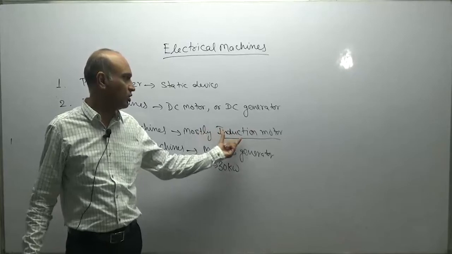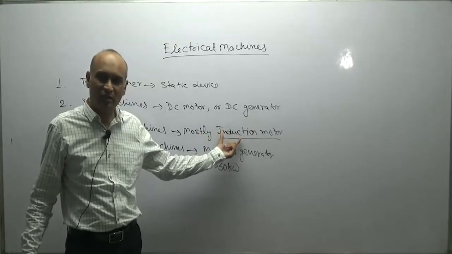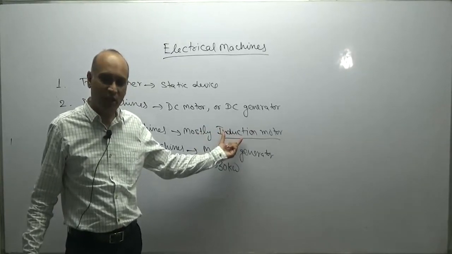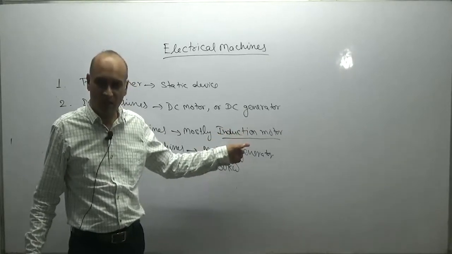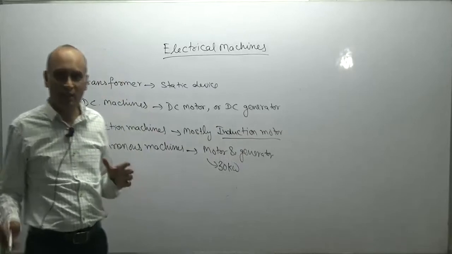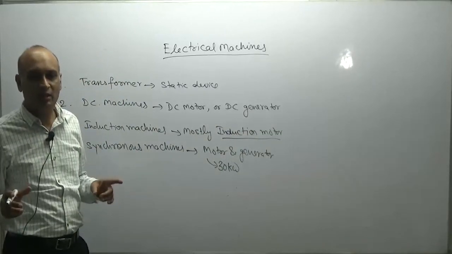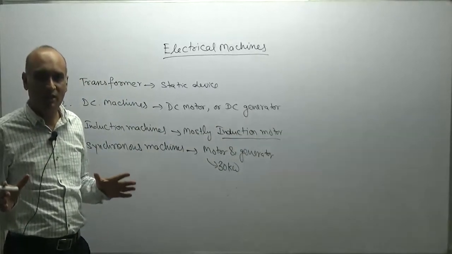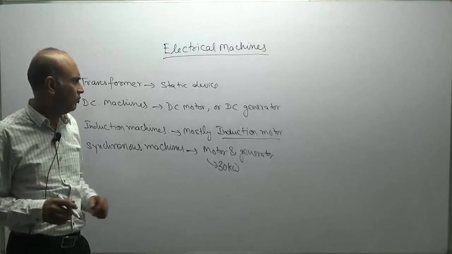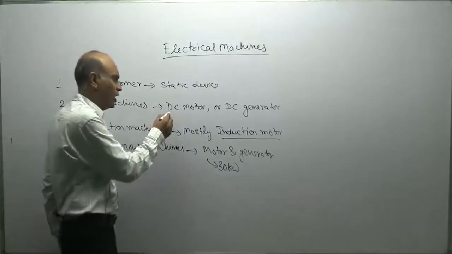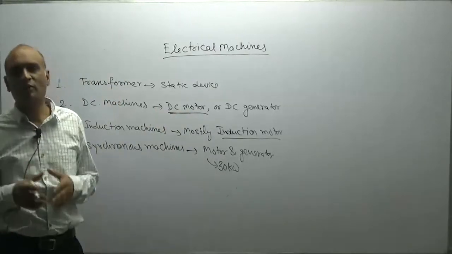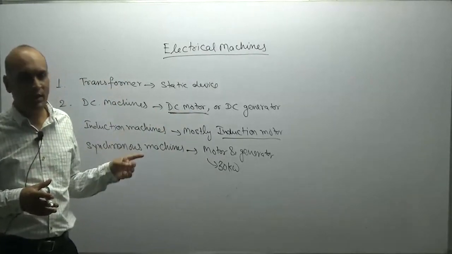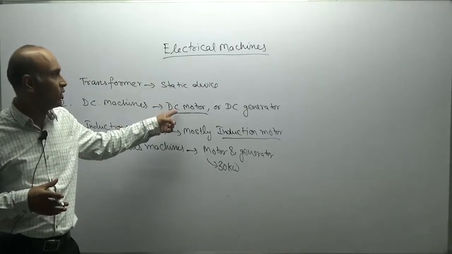Most of the motors used in residential areas as well as industrial areas are the squirrel cage induction motor. In our ceiling fan, we generally have a single phase squirrel cage induction motor. DC shunt motor is a DC motor. There are 2 types of DC motor, DC series motor and DC shunt motor.